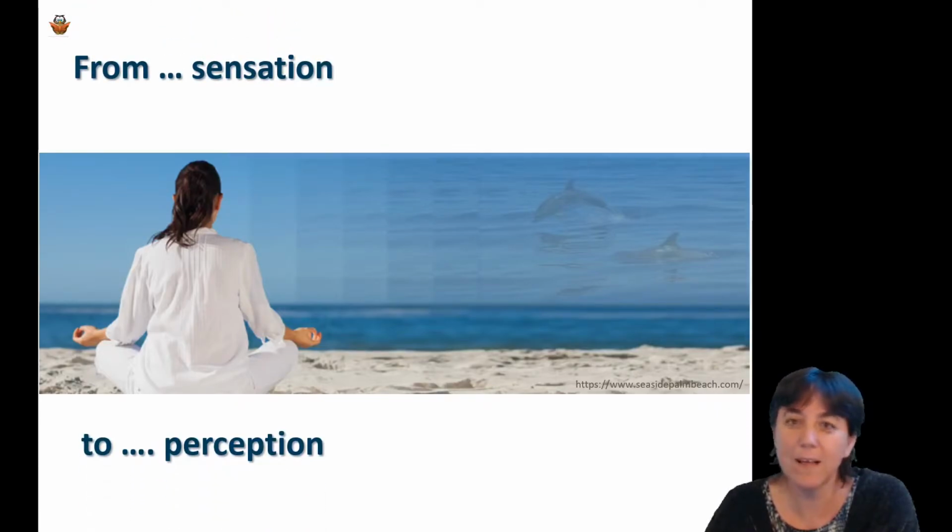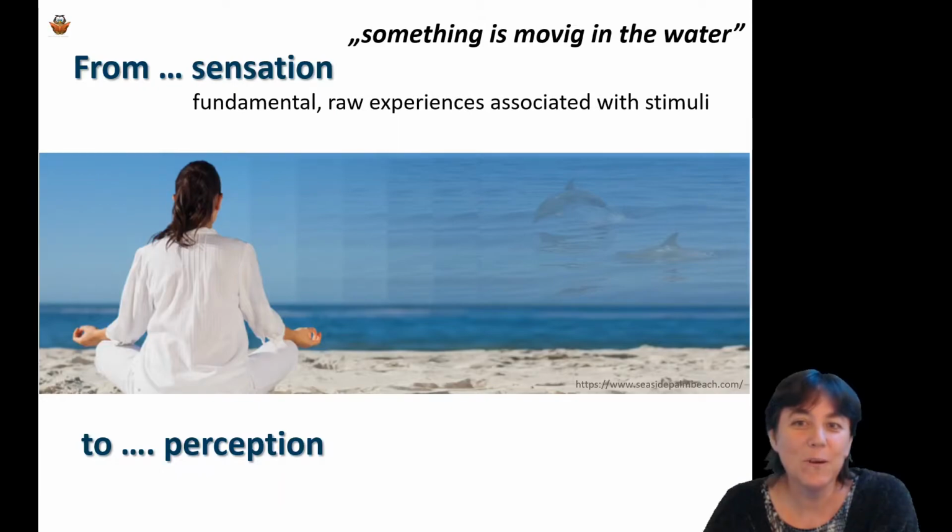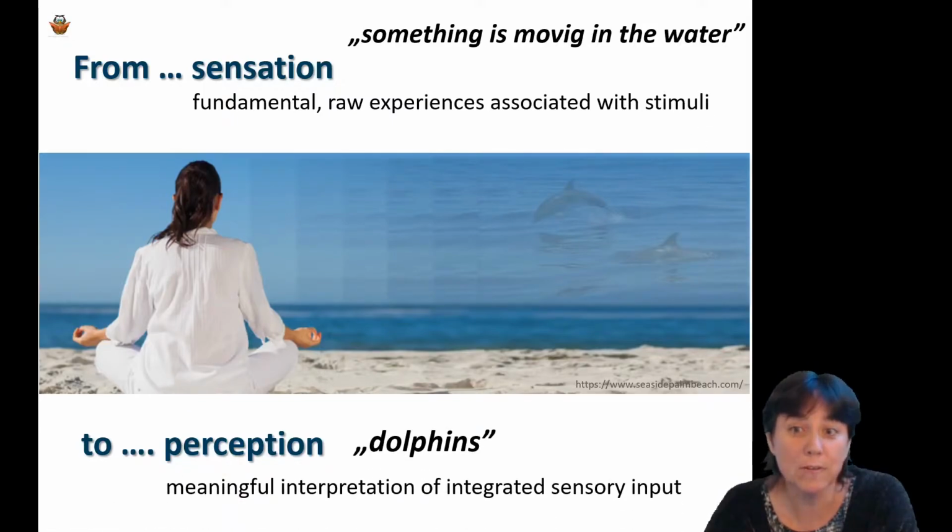It's a dolphin. So from something is moving in the water, a sensation, a fundamental raw experience associated with the stimuli, you arrive at an actual perception. Dolphins are funny animals that I know I don't have to fear. You have a meaningful interpretation of that sensory stimuli.